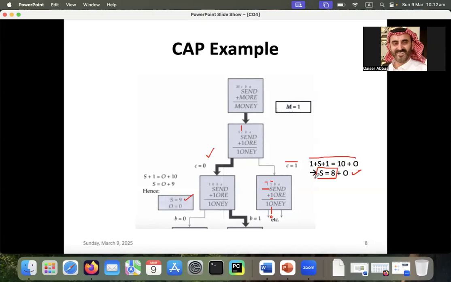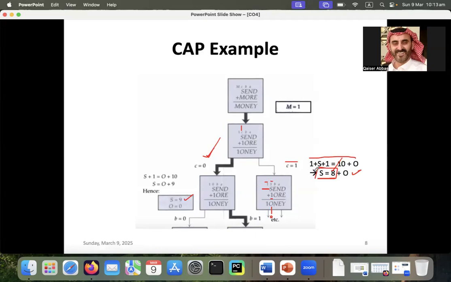S is already calculated as 9 in this previous step. So if you take S is equal to 8, then 8 plus 1, 9, plus 1, 10, O will become 0.